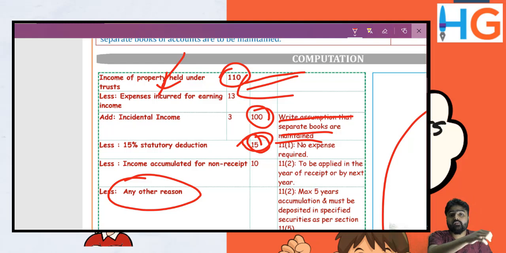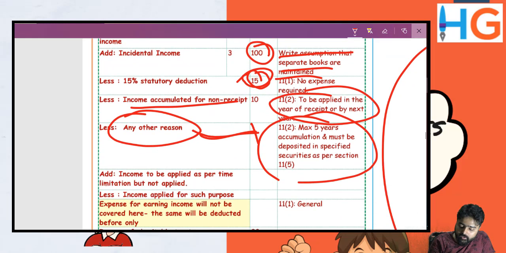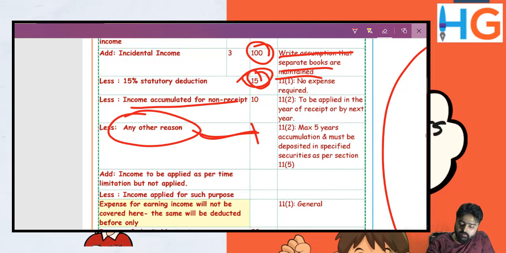For other reasons of accumulation, it says you have to apply within 5 years. If you don't apply within 5 years, then it will be taxable. Okay. So income accumulated for non-receipt is to be applied in the year of receipt or by next year. For any other reason, maximum 5 years accumulation is allowed and it may be deposited in specified securities as per section 11(5). Now this is one more important part.